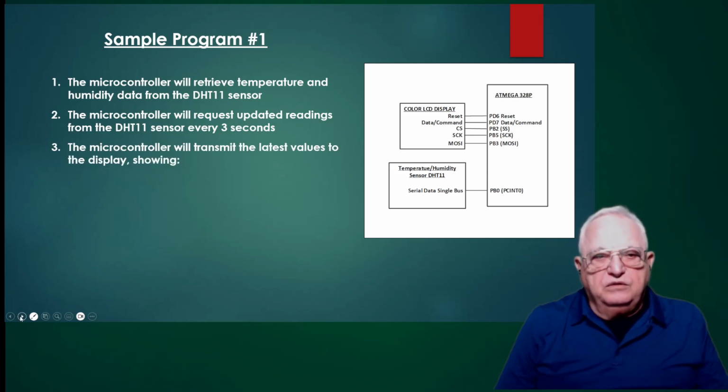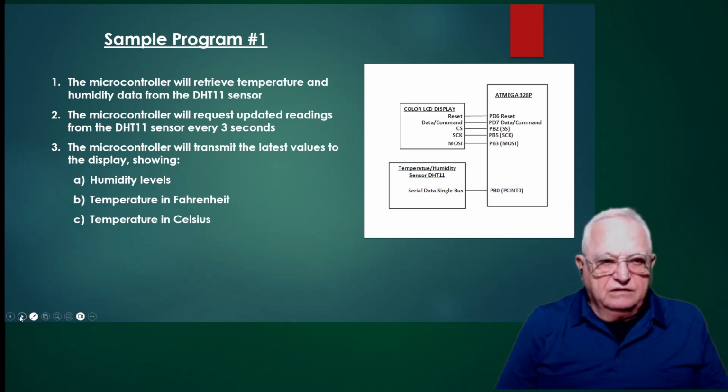The microcontroller will transmit the latest value to the display, which is going to show humidity levels in percentage, temperature in Fahrenheit, and then temperature again in Celsius. So let's look at the code.